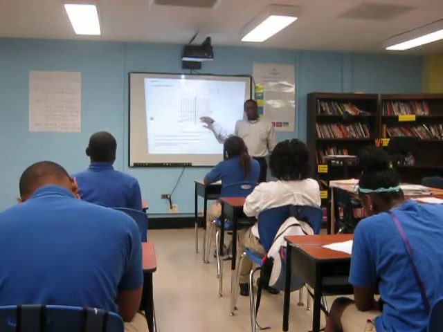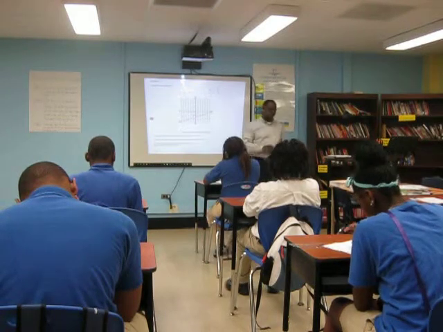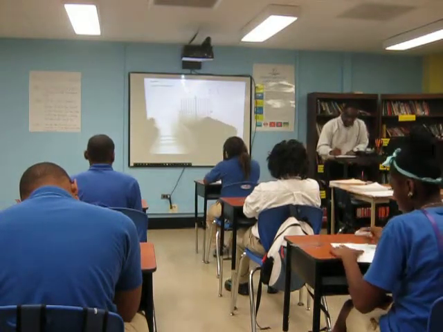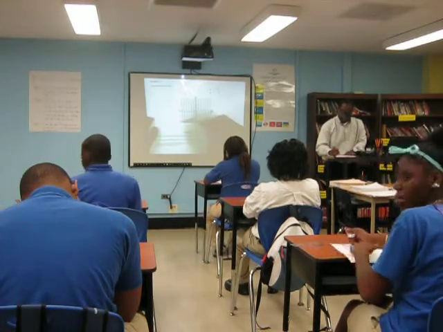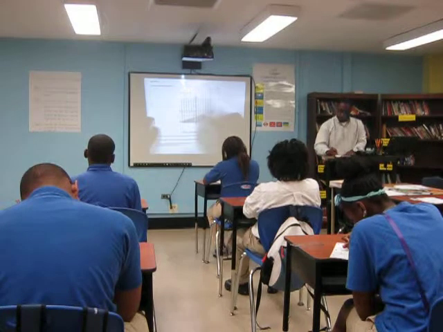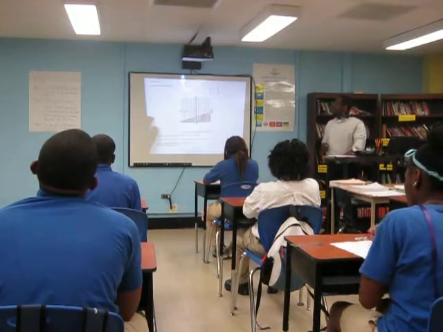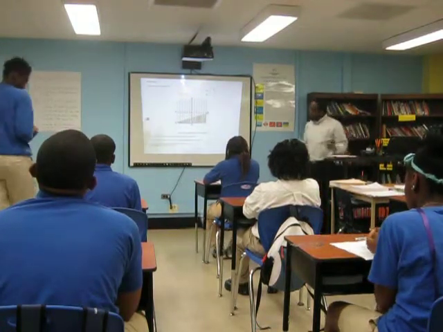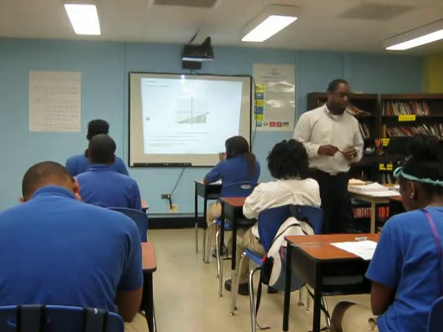Because y is going to be less than 1/3 times x minus 3, so I need to shade below this line. Good job. So looking at this, I need to shade in this, right? And as I was walking around, I saw a lot of people's papers had this exact same thing. It should look exactly like this when we shade in our region. So this is what it looks like when we graph an inequality.